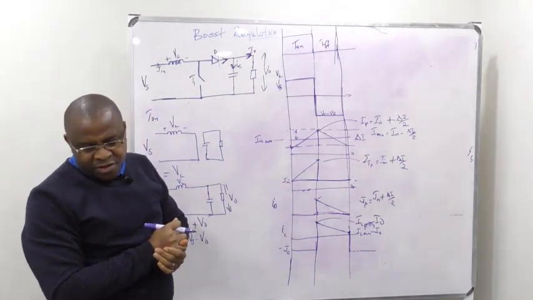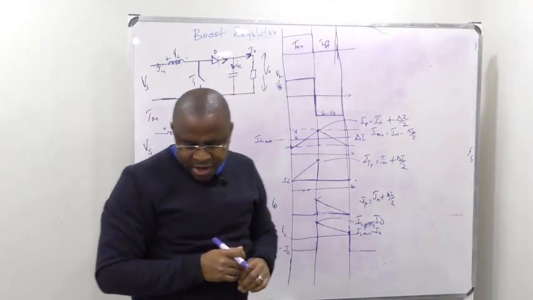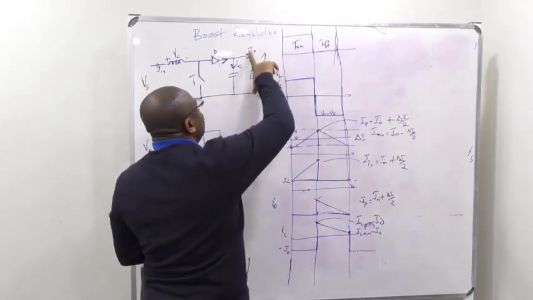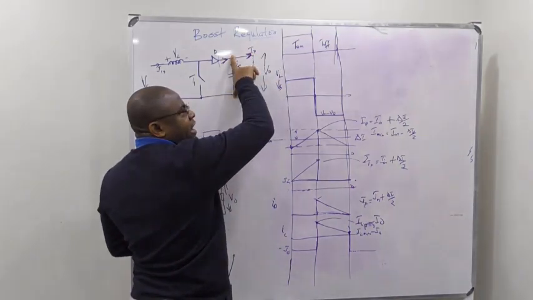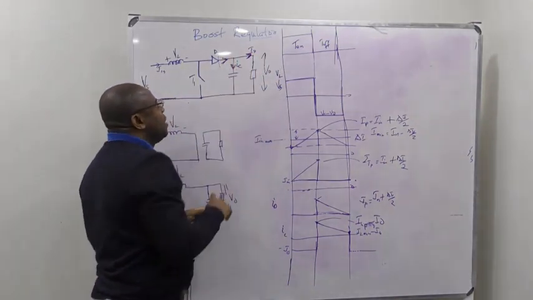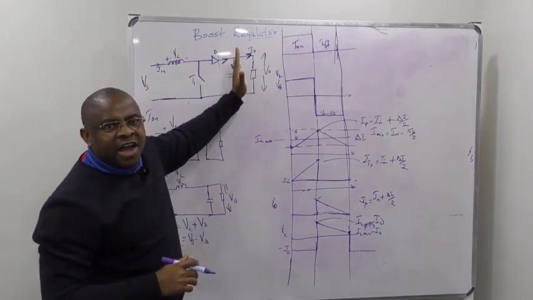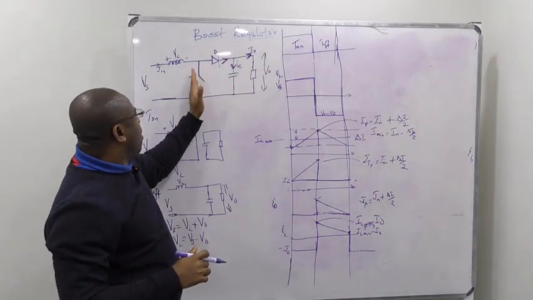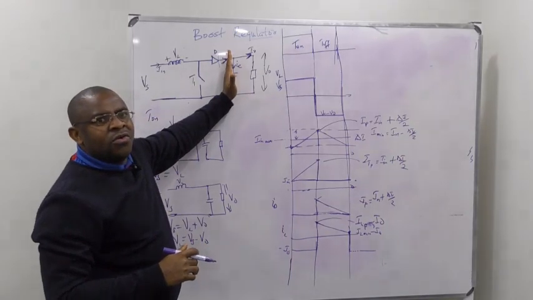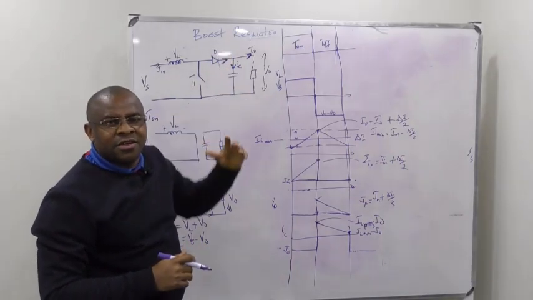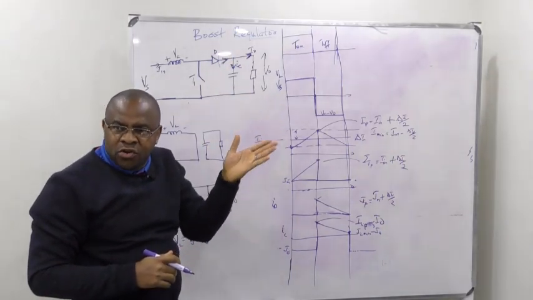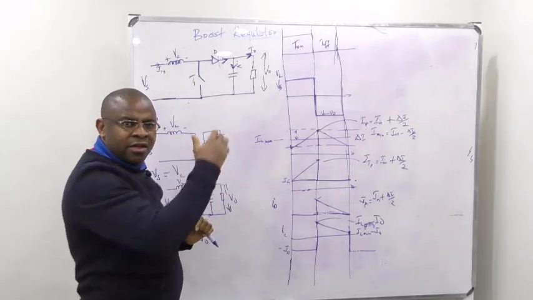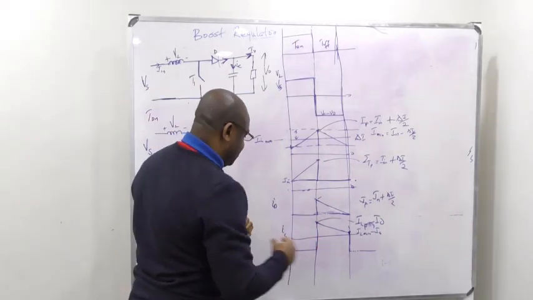The output voltage is going to have also a ripple, because this voltage here is the voltage across the capacitor. So we are looking at how this is going to be discharged. Once this is on, whatever is here will be discharged. So the voltage will begin to reduce. The voltage drops.